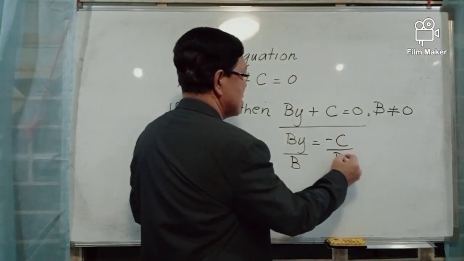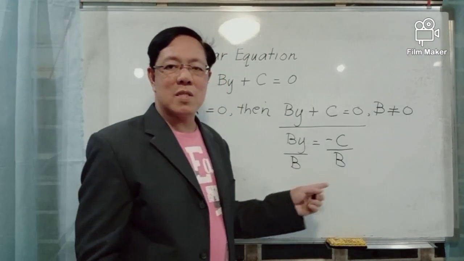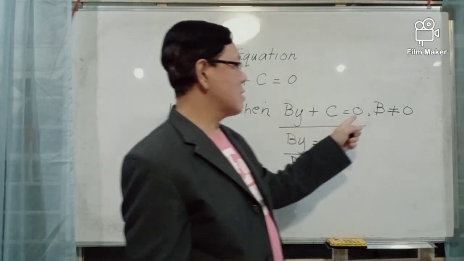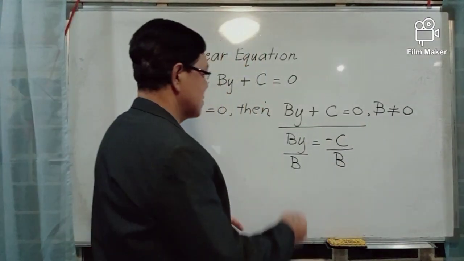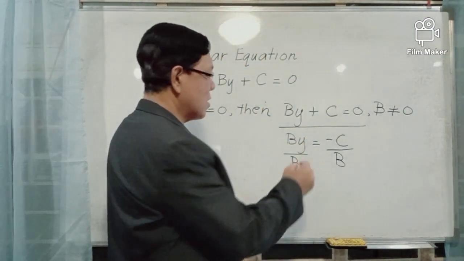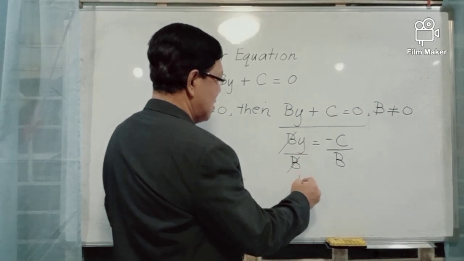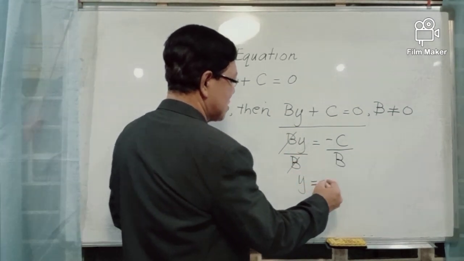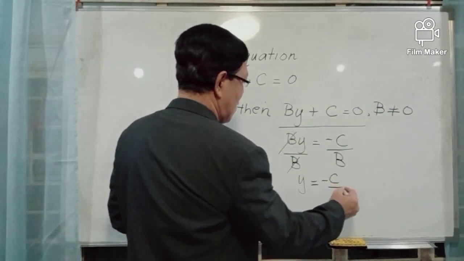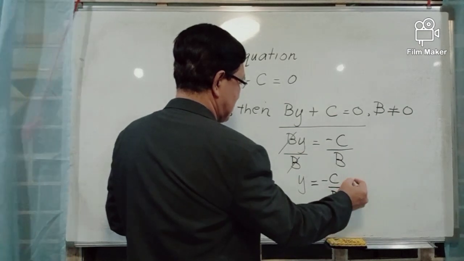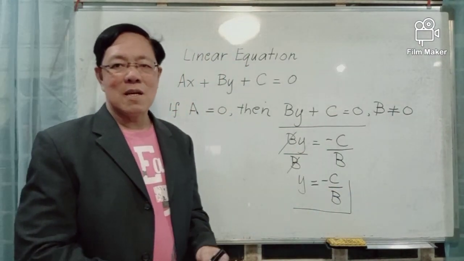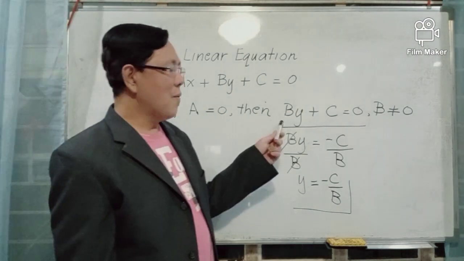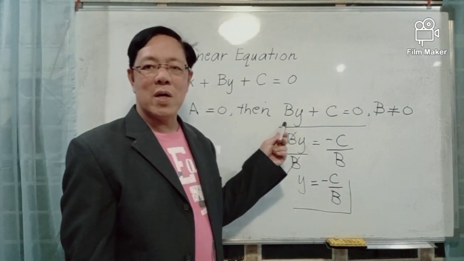On the left side, b will cancel out. And we get y equals negative c over b. This is the solution of this linear equation in one variable y.